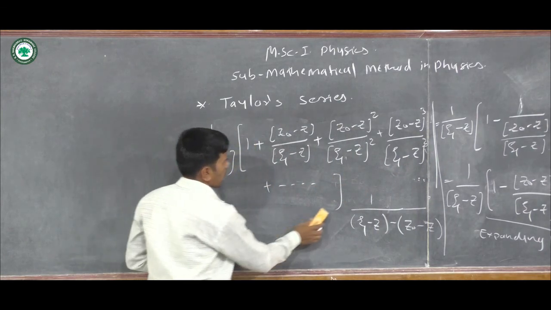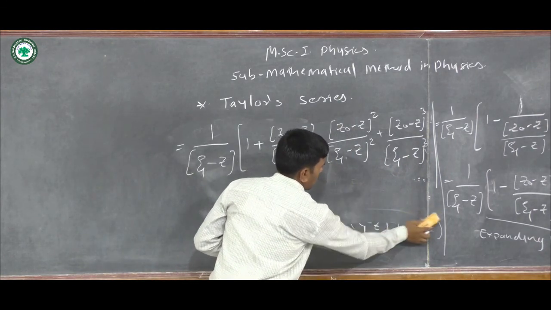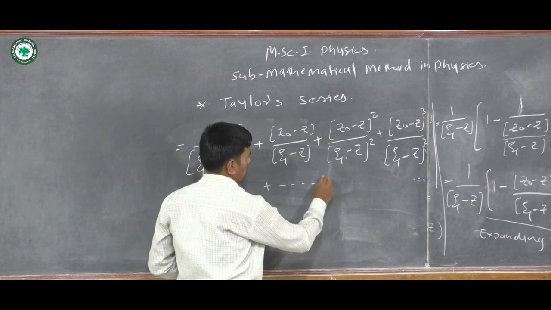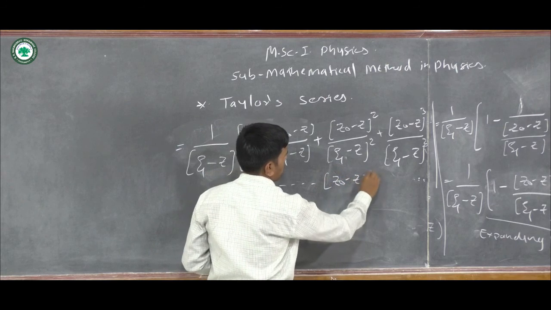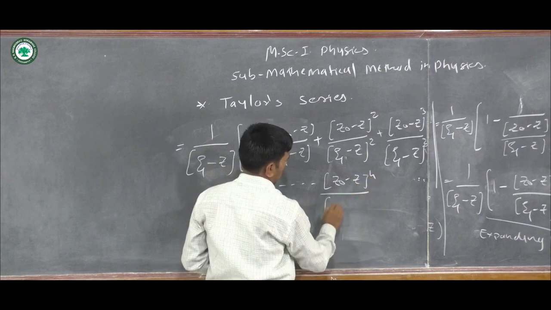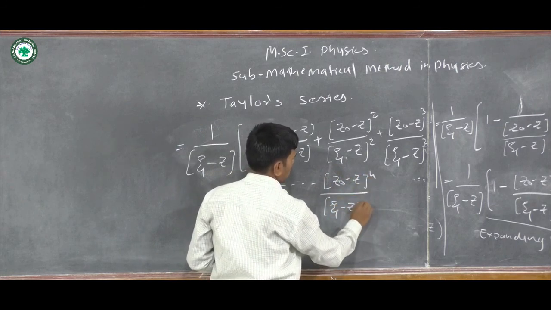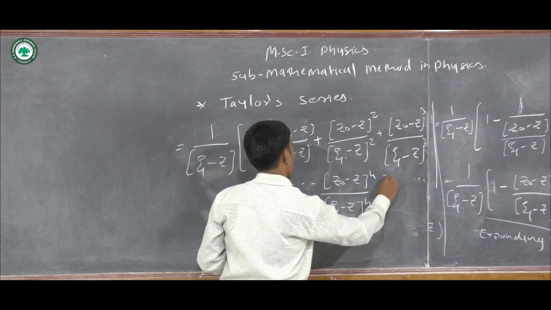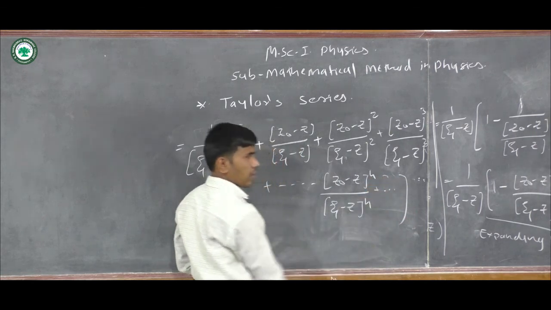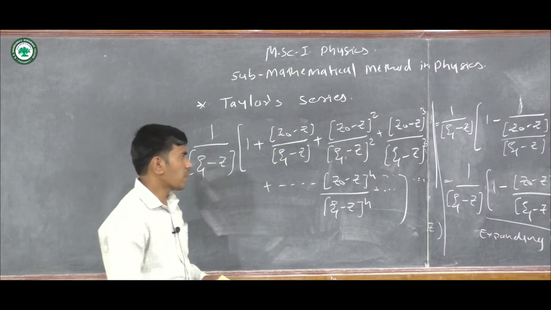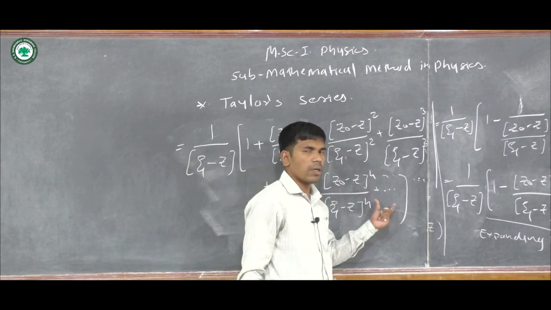So here for the nth term we can write z naught minus z power n divided by psi1 minus z power n, okay, and here are also other terms, that is n plus 1, n plus 2, like that, and those terms you can call the remainder terms.